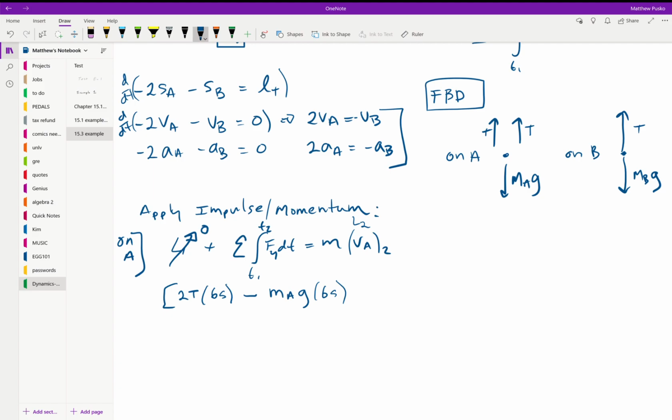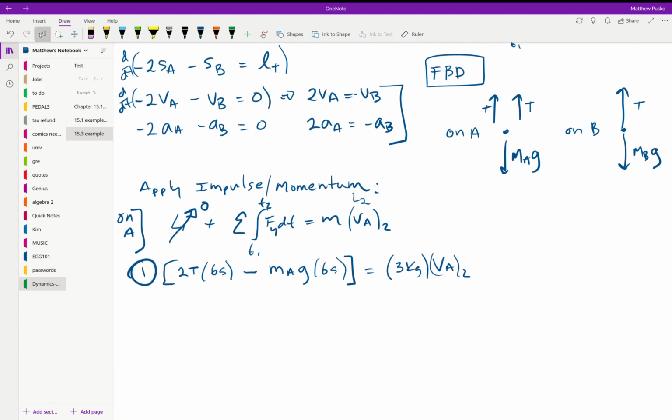And gravity, and we're there, right? I think that wraps it up for A, and that's going to equal its mass, 3 kilograms, times the velocity of A at 2. Alright, that looks like an equation that we should hold on to. Let's call that equation 2, and let's call this equation 1 over here.